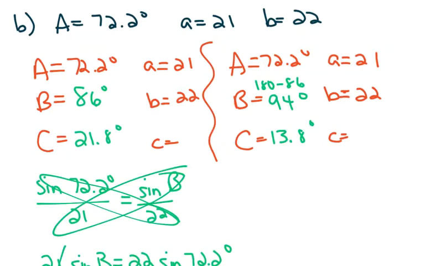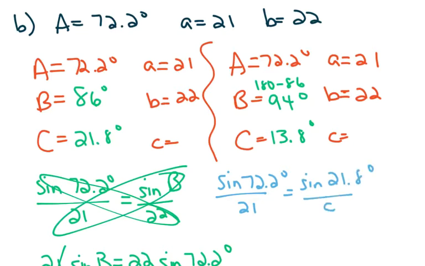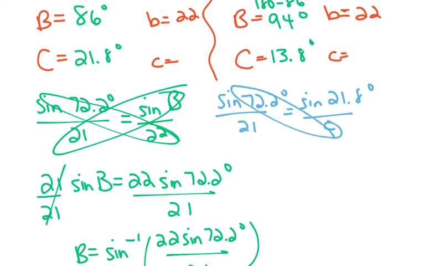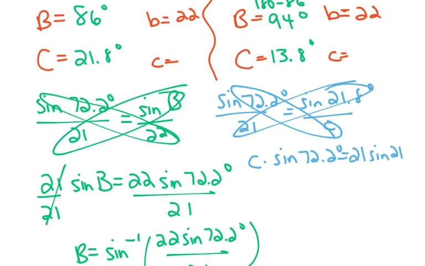So in the first solution, I'm going to use the sine of 72.2 over 21 is equal to the sine of 21.8 over C. C times the sine of 72.2 is equal to 21 times the sine of 21.8.